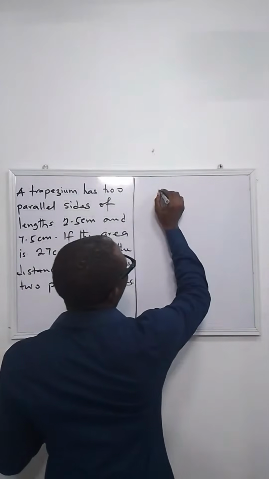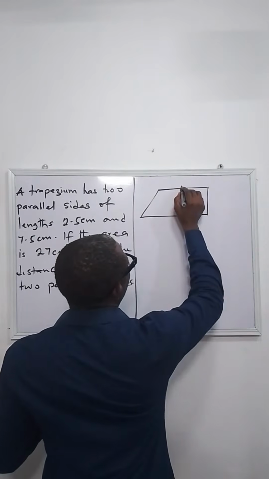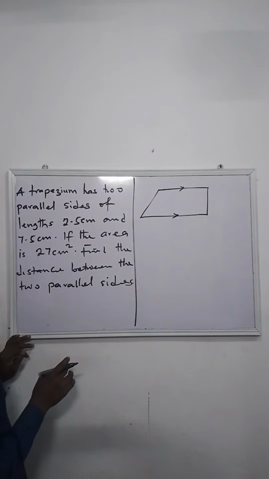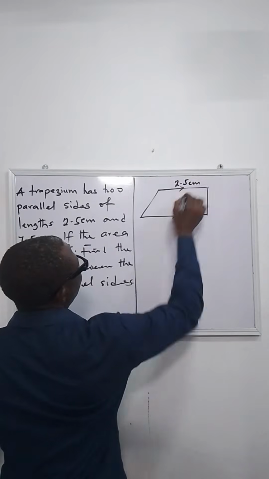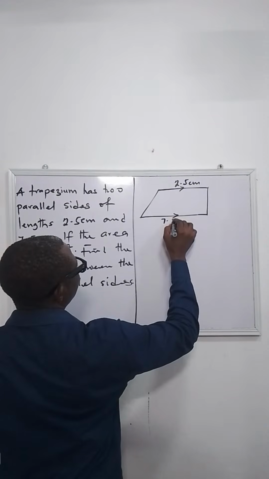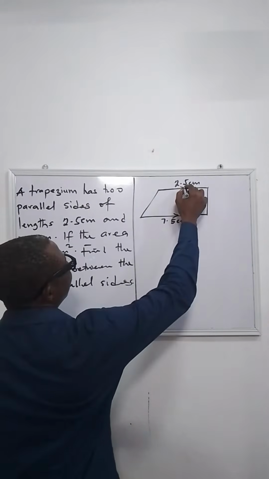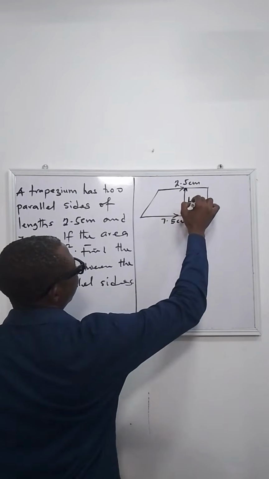So it looks like this. So we have parallel lines. Okay, so the 2 parallel lines, now one is 2.5, another is 7.5. Okay, and we want to get the distance between the two parallel sides. And that is h.